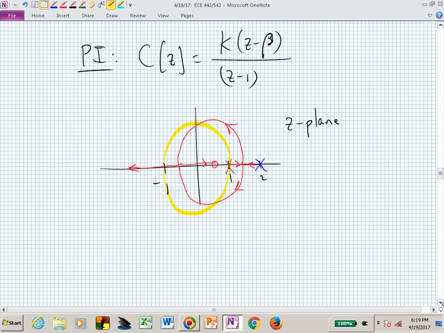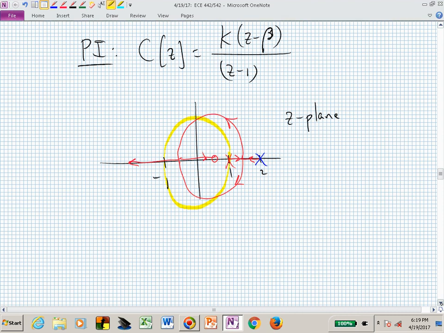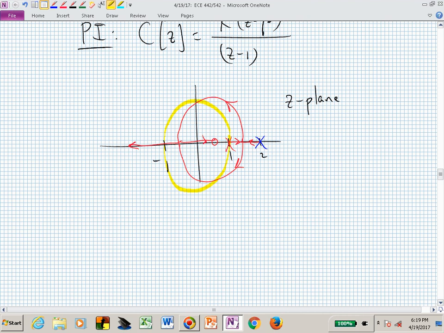So now let's see how we can maybe design this more than just sort of guess. You could guess a beta and then draw it and pick a K and work with that. But let's see if we can actually do a design a little bit more analytically. So now let's select beta to produce closed loop poles where we want them to be.